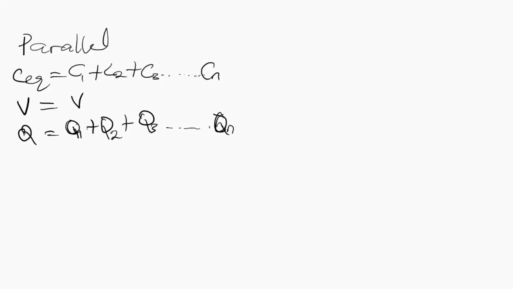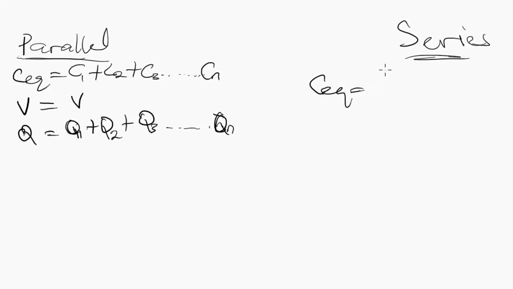Whereas in series, we have our equivalent capacitance: 1 over CEQ becomes 1 over C1 plus 1 over C2 plus 1 over C3 plus 1 over C4 plus 1 over C5 all the way to 1 over Cn.